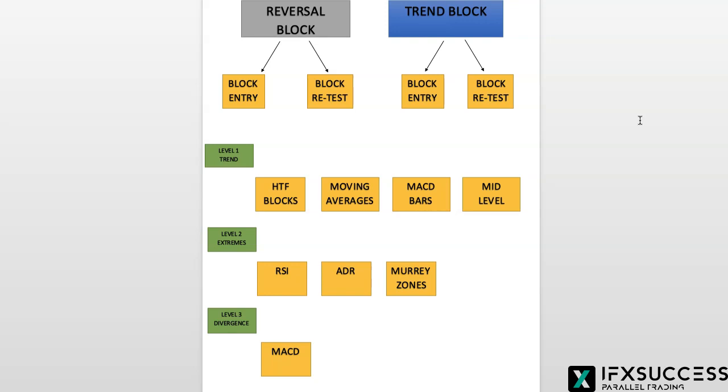Now, the EA has different filters that I have put in there. If you're looking at 5 minutes, the reversal block and trend block can give us around, let's just make it 10 entries per day, right?